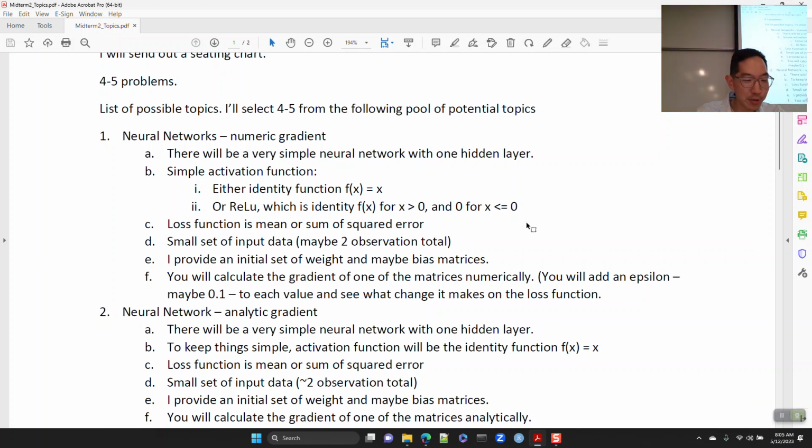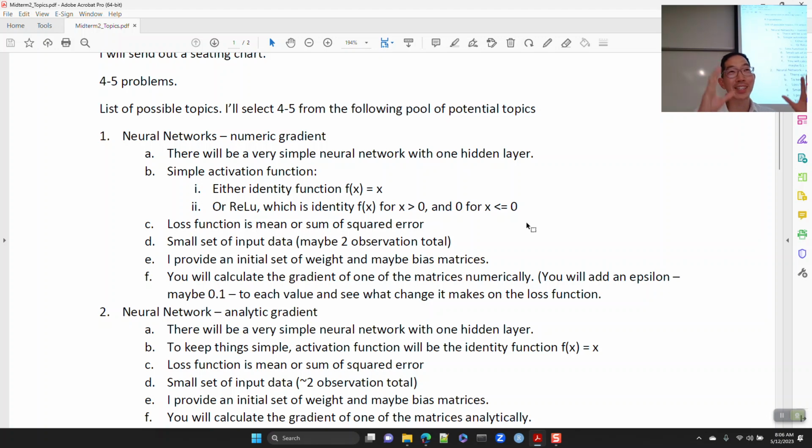And so you'll do forward feed, and then you'll perturb one of the values, and then you'll do forward feed again and see how much the loss function changes. The loss function will be either the mean squared error or the sum of squared errors. The way you calculate your loss function is you have to do it for all of your observations, so to keep this simple, I'll probably just give you 2 observations, okay?